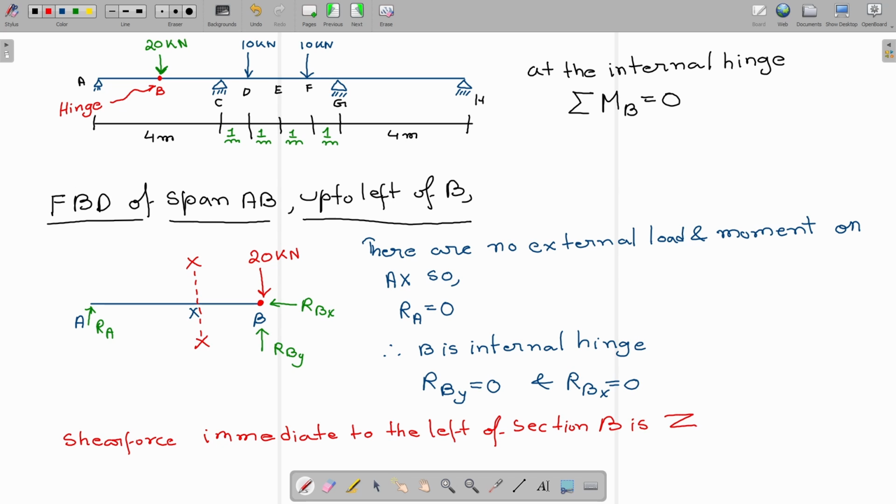So at the left of the section B we get the shear force is 0.